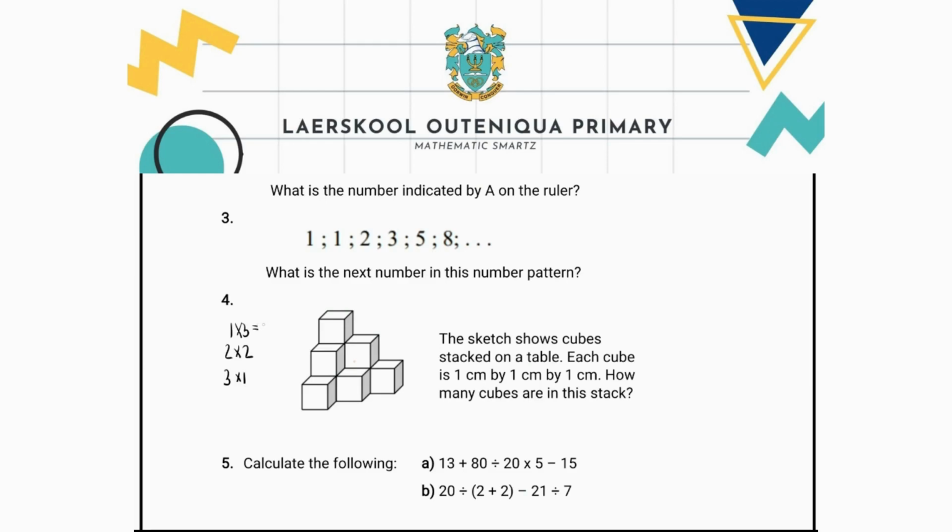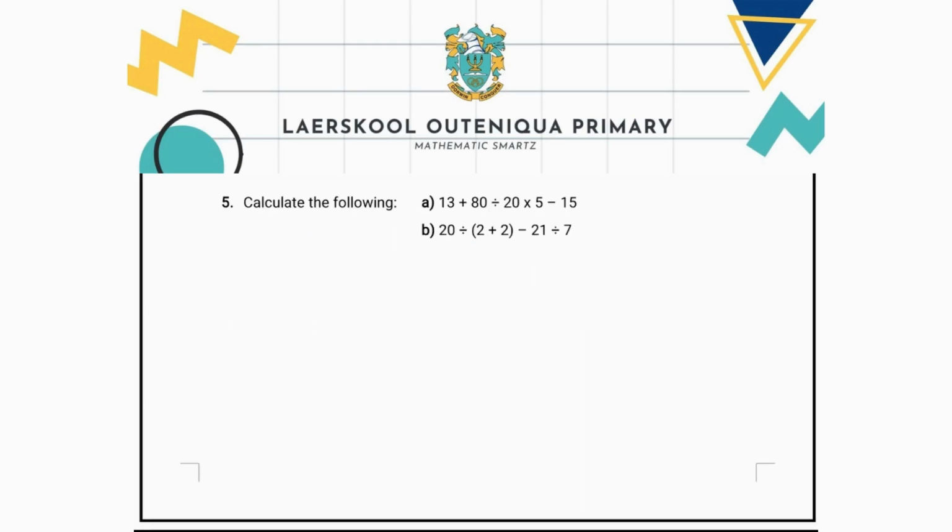Therefore, 1 times 3 is 3, 2 times 2 is 4, 3 times 1 is 3, and if I were to add up those numbers, I would get 10. Therefore, there are 10 cubes in this stack. Let's move on to question 5.